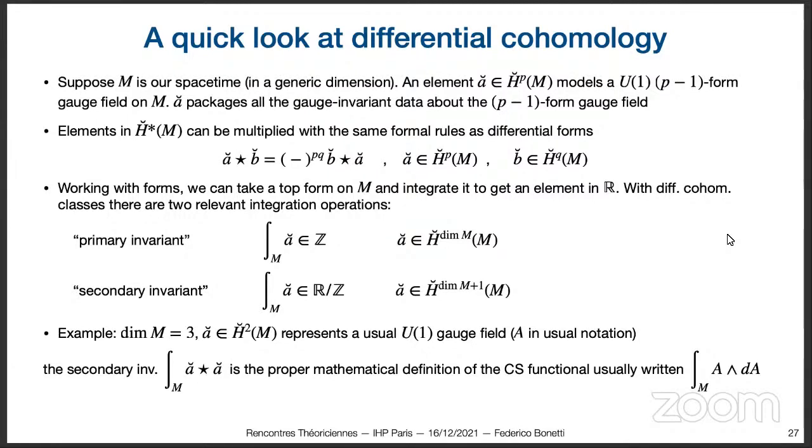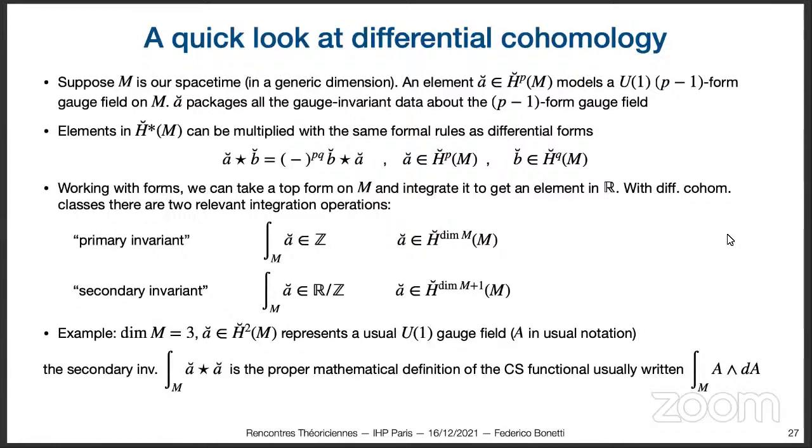So, for example, one application of all this notation and formalism is the following. Let's say we are in 3 dimensions, and we're given an ordinary gauge field. In this notation, this guy corresponds to this A check that lives in H^2 check. It's a degree 2 differential cohomology class. In physics, we would just call it A usually. Then what you can do is to take the product of 2 of these.